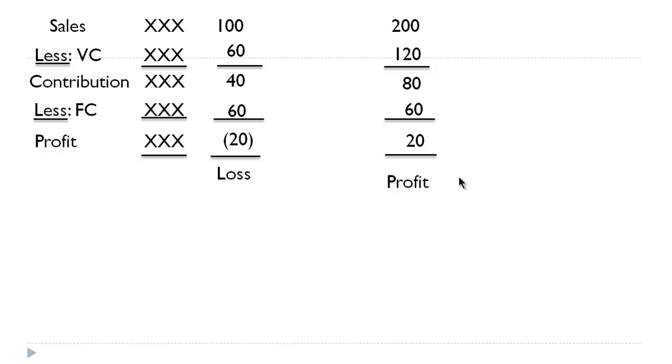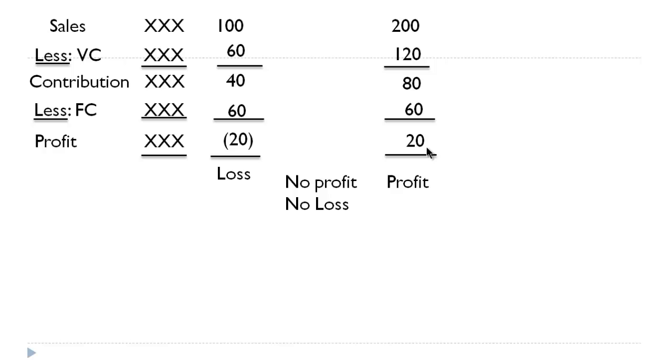But now we are in this session to understand what is known as the break-even point. Break-even point is a point where there will be no profit and no loss for the business. When the company was making sales of 100, they were suffering a loss of 20. When they were making sales of 200, they were making a profit of 20. We are interested in knowing the point of sales at which the company would neither make profit nor loss.